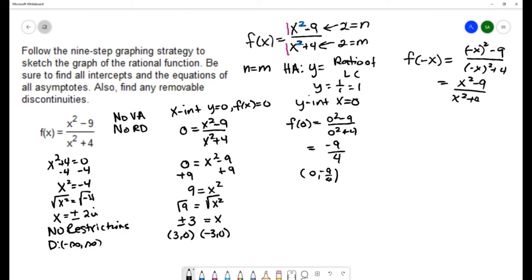That calculation got me back to the original function. So we found that f of negative x is equal to f of x, and this is our definition of an even function, and even functions have y-axis symmetry. So we know that the graph will be symmetric around the y-axis, or have a mirror image going over the y-axis. We want to make sure that we have that within our graph.